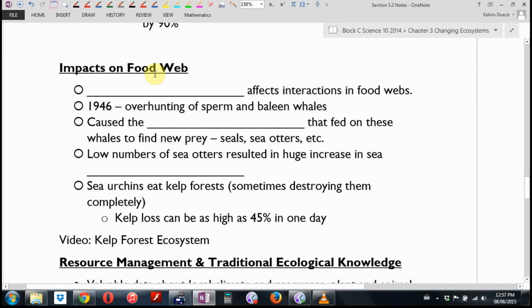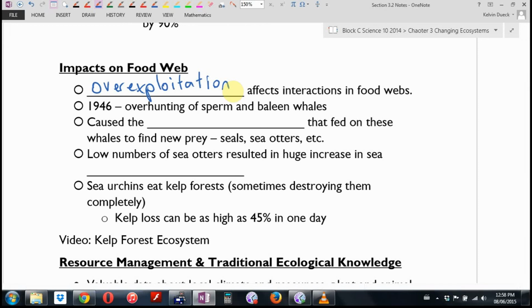So, what are some of the impacts on the food web? Well, overexploitation affects interactions in food webs. So, for example, we overhunted whales in the 1880s, really when we industrialized it in the 1930s, 40s, and 50s.